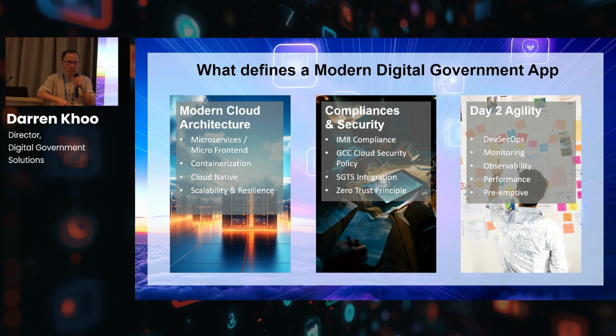There's a distinction between monitoring and observability, which later Wei Yang is going to share more about, so I will not delve too much. It helps you achieve performance in your system over time, and it helps you do preemptive or preventive maintenance, such that you can preempt problems before they occur or before somebody reports the problem to you. So we are looking at that kind of day 2 agility.